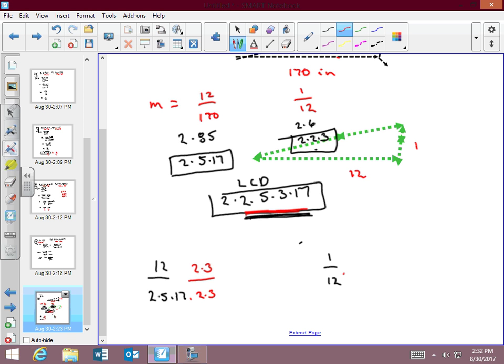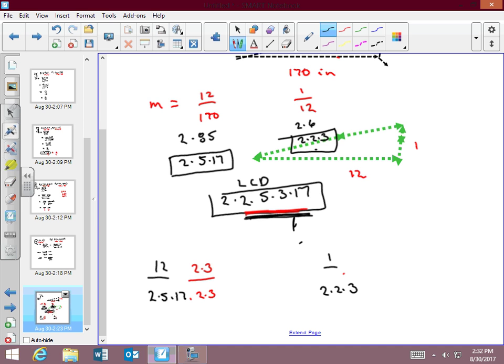Now, what about 12? 12's prime factors are 2 times 2 times 3.